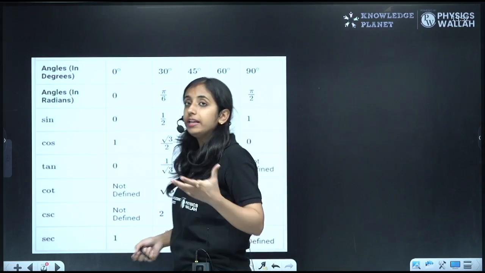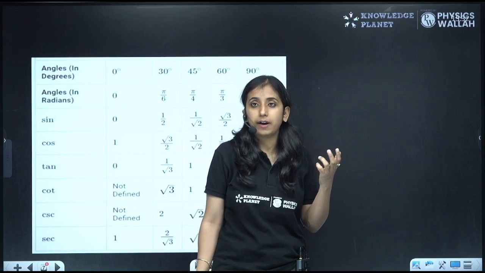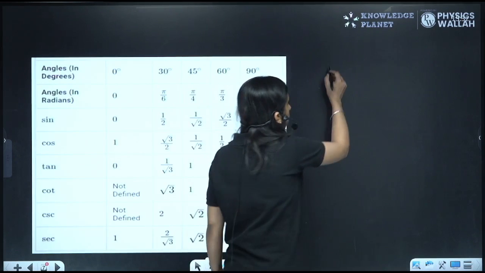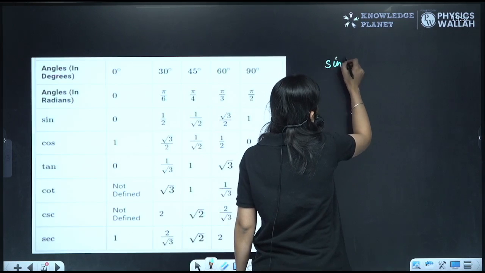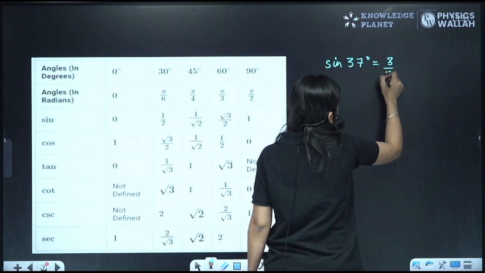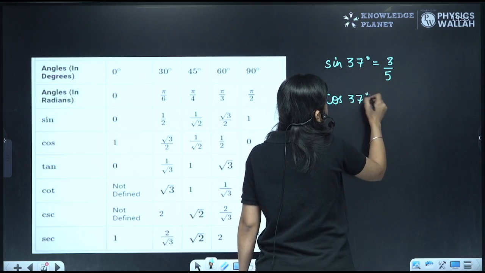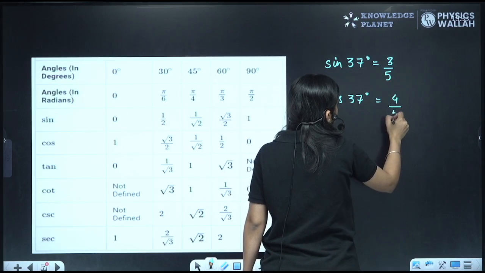In addition to all these angles, there are some more angles for which you have to remember the values of sine and cos. That is, sine of 37 degrees is equal to 3 by 5. Similarly, cos 37 degrees is equal to 4 by 5.